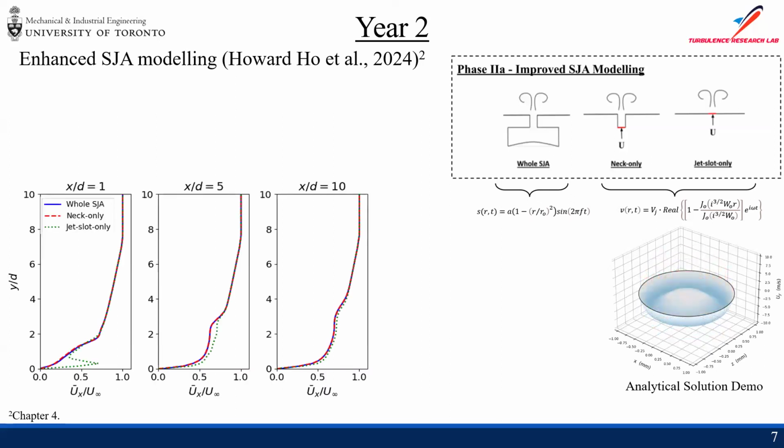Prior to applying it into cross flow, I did it in a quiescent environment, and also with experimental data. On the lower left here, I have some time average boundary layer profiles. What we can see is that the whole SJA with dynamic mesh and the neck only case with the Womersley solution gave near identical time average results.